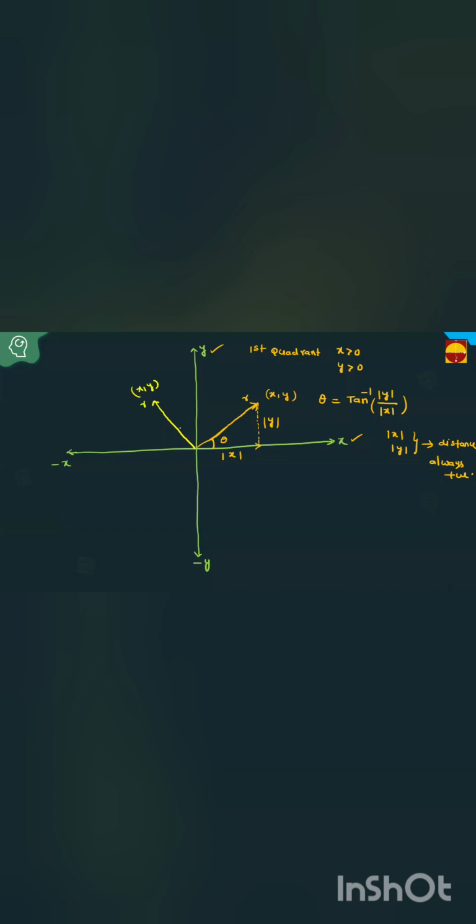Then you can measure the angle like this. We are measuring the angle theta. This is the y direction, modulus of y, and this is the x direction, modulus of x. But in the second quadrant, friends, this is in the second quadrant.